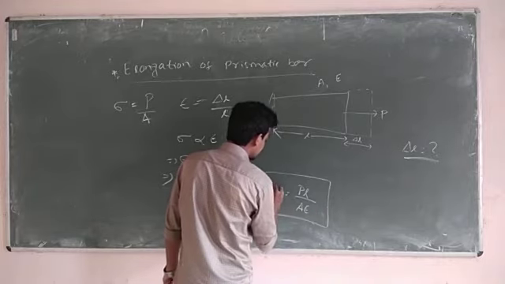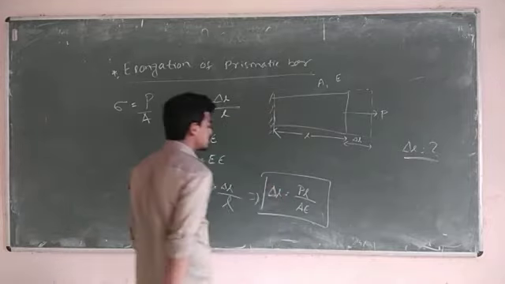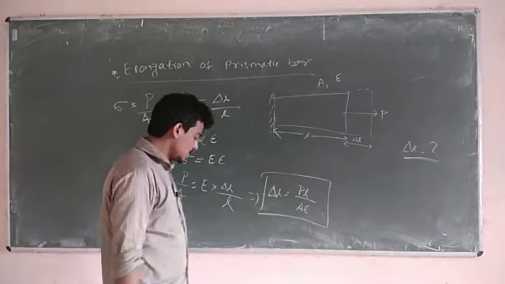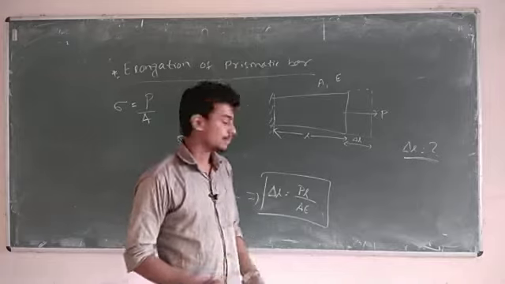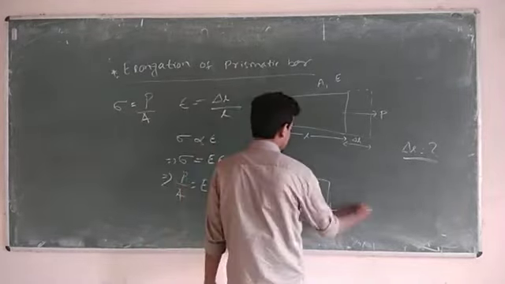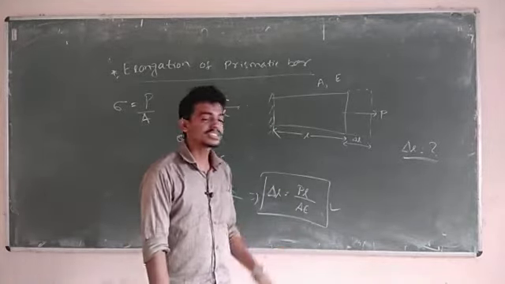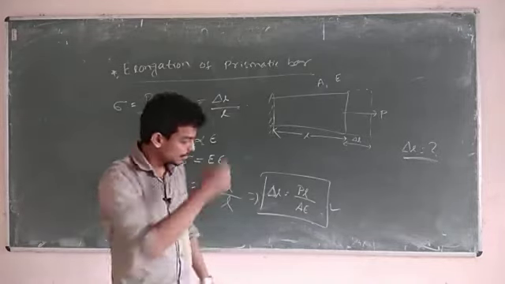It is the most frequently used formula for this chapter. Remember this. In most questions you will have to find the elongation of a bar, and in that case this formula will be used, PL by AE. P is the load here, L is the original length, A is the cross-sectional area, and E means Young's modulus of elasticity.